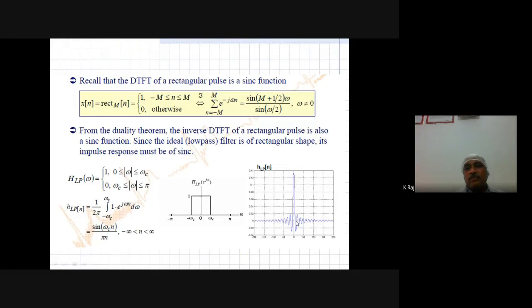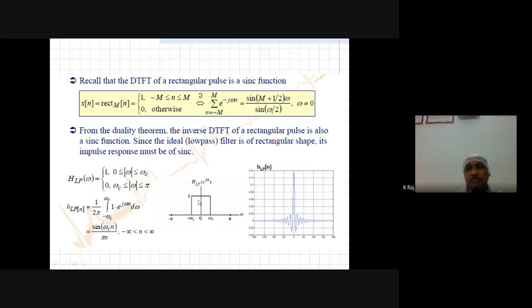That is the sinc response, existing from minus infinity to plus infinity for the value of n. And this is h_LP[n], the impulse response of the ideal low pass filter.